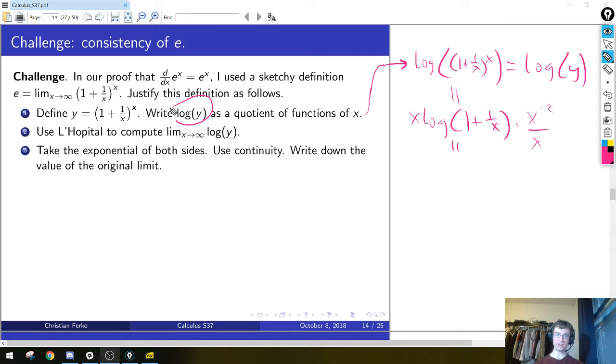We're trying to write log y in something. So I don't think we can just multiply it by x to the -2, but we can multiply by 1 in a clever way that doesn't change the right side. Right. So that is going to result in x to the -1 log junk over x to the -2.